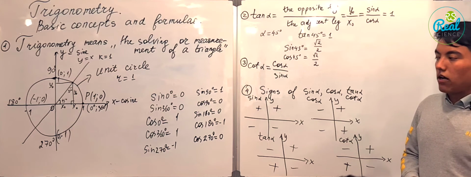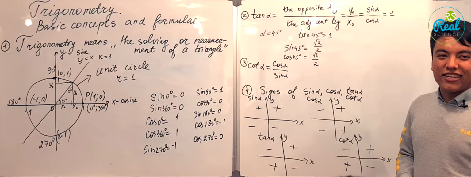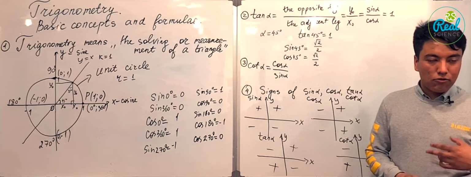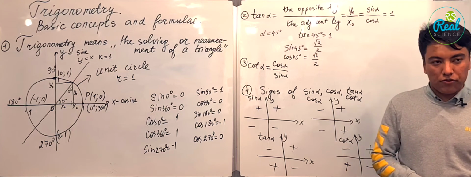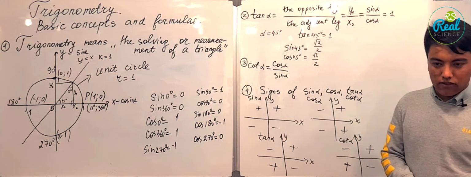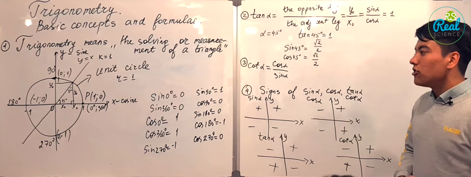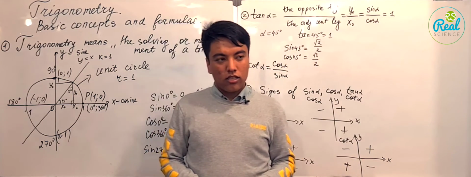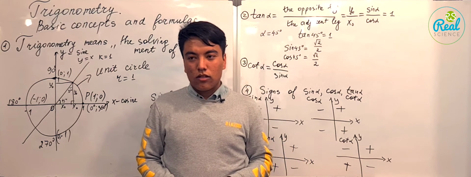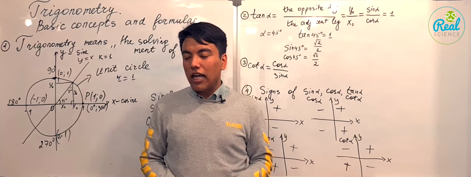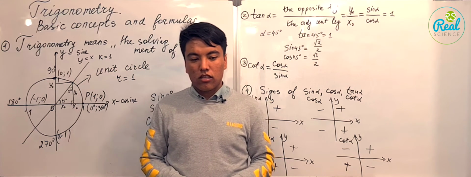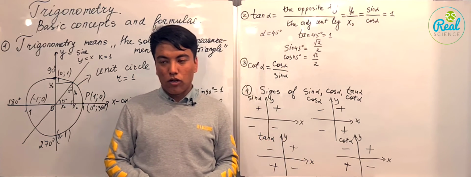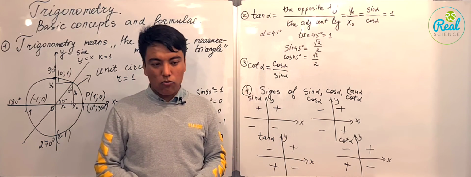Now we'll see the formula of radian and angle, how to change from radian to angle and from angle to radian. Students, what is the value of pi? 3.14.